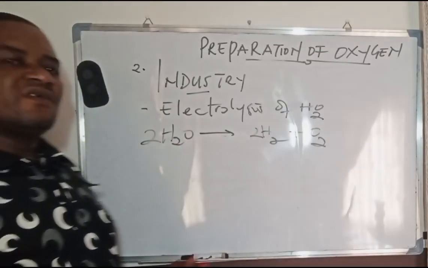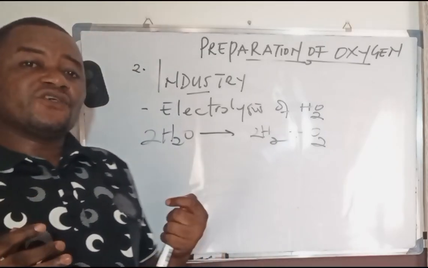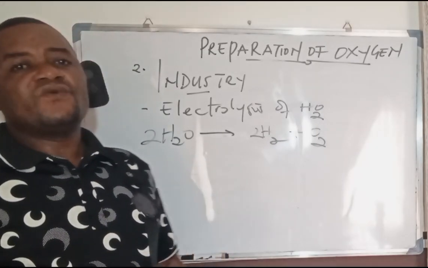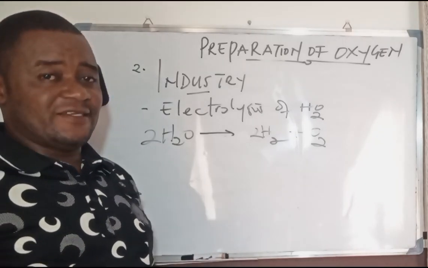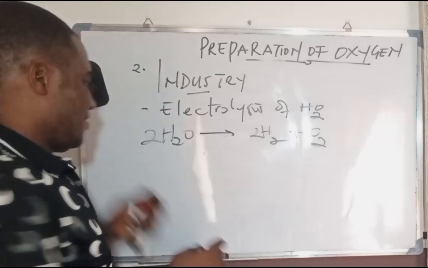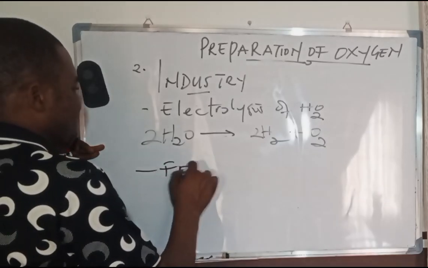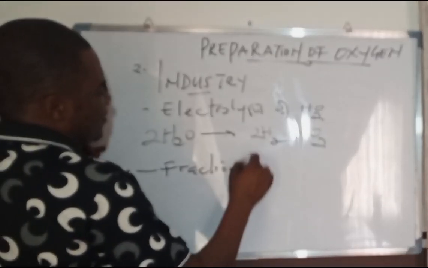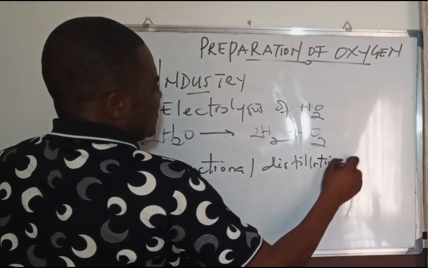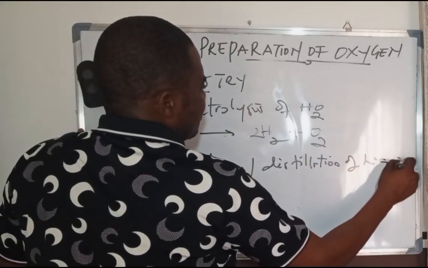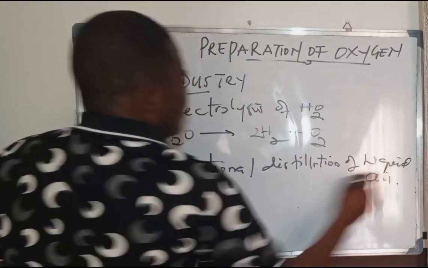But the major process that we use in the industry to produce oxygen is the fractional distillation of liquid air. Now that is it.